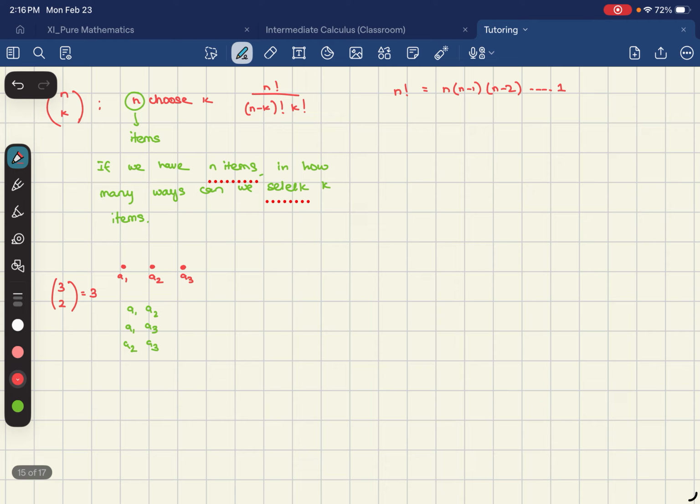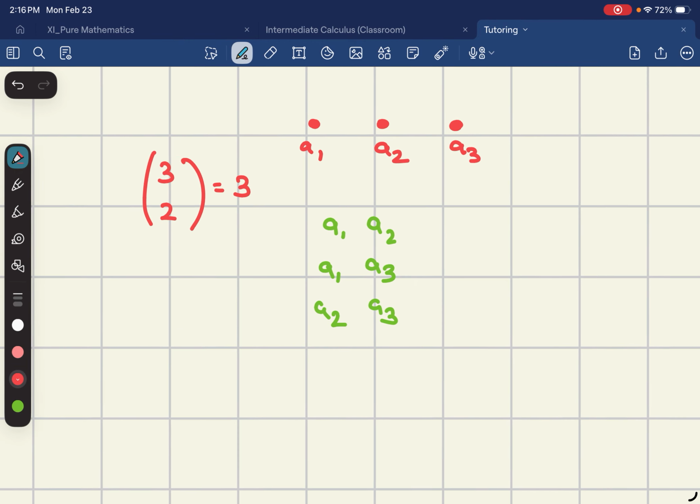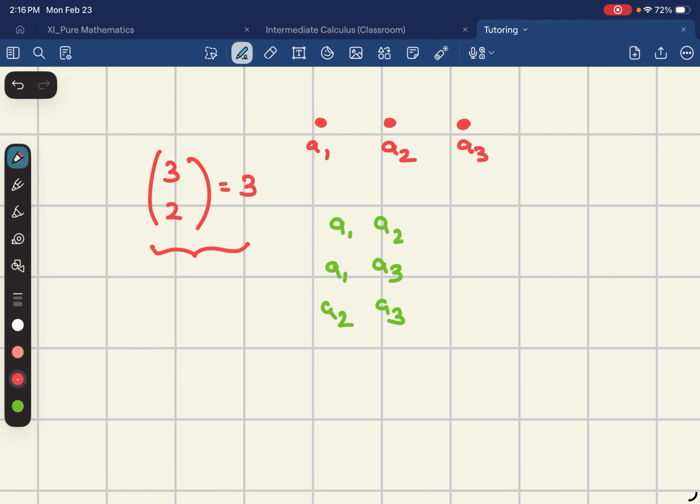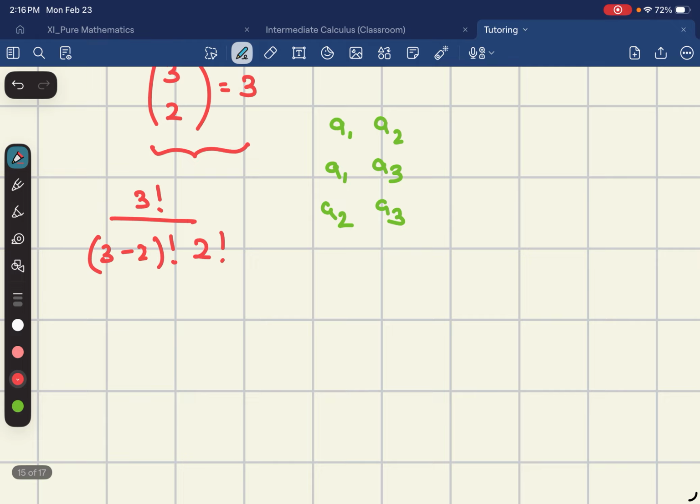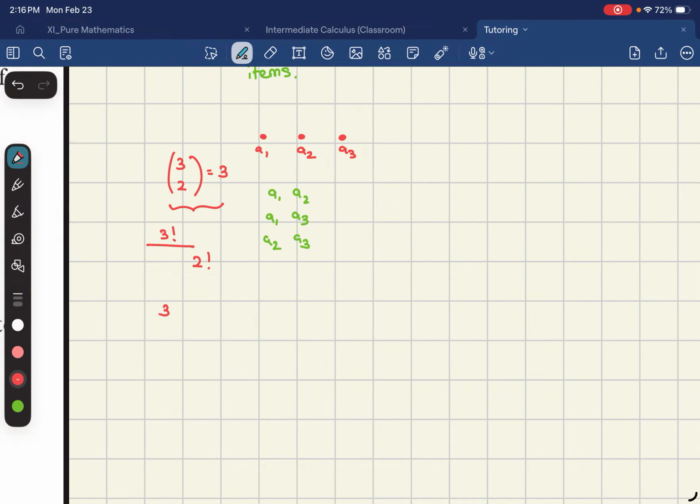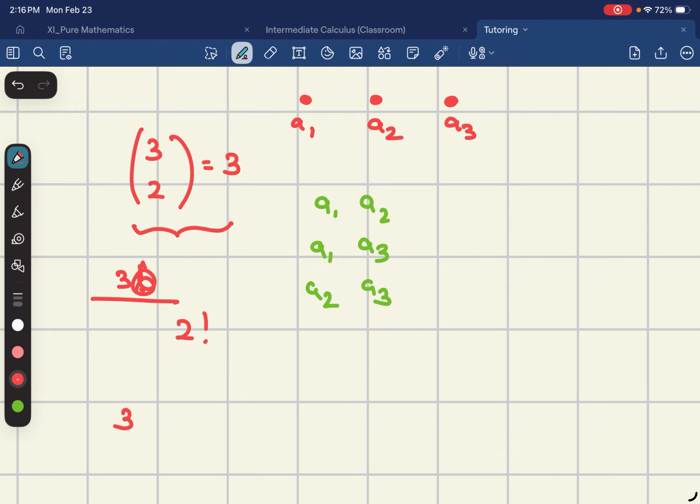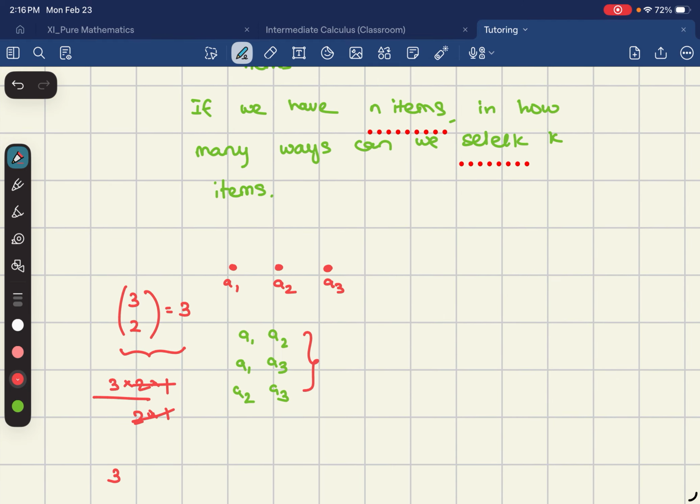So if I evaluate this using the formula, you get 3 factorial divided by (3 minus 2) factorial times 2 factorial. 3 minus 2 is just 1, and 1 factorial is 1. And 3 factorial is 3 times 2 times 1, and 2 factorial is 2 times 1, so these are going to cancel out. So you get 3, which is exactly what we have here.